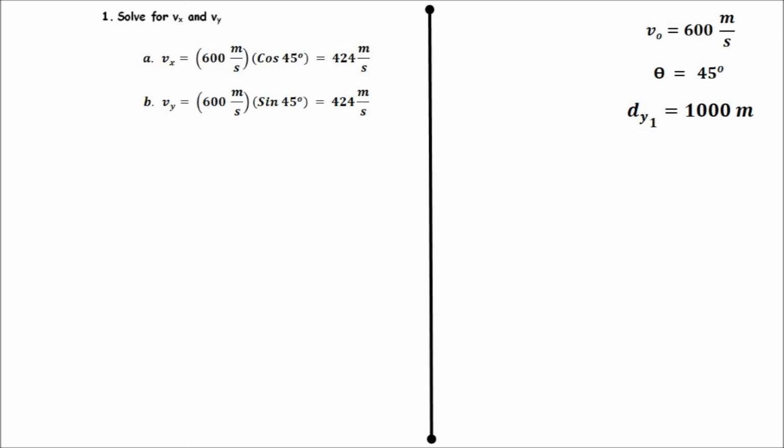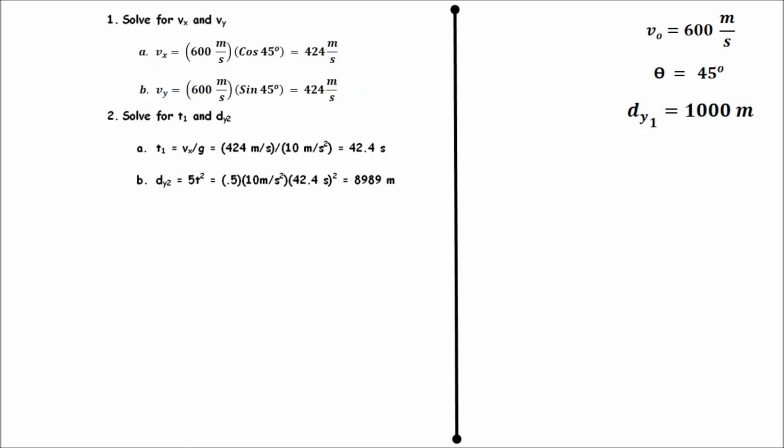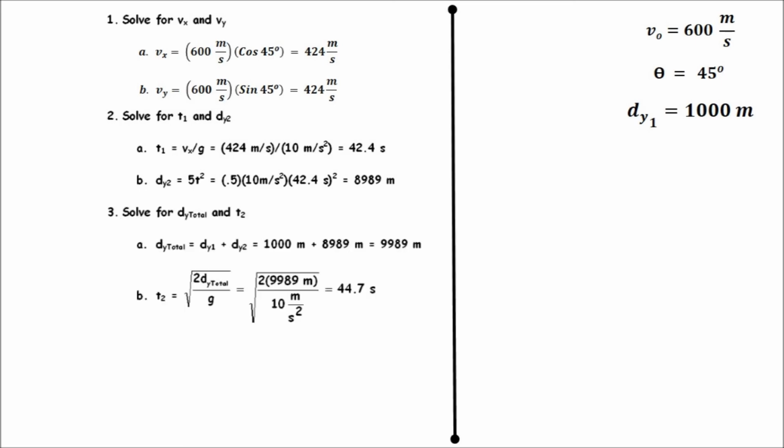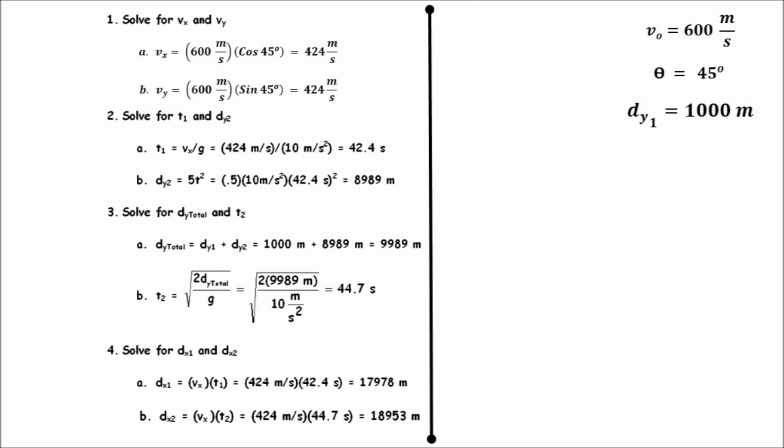Then from there, you want to determine the T1, which is going to be 42.4, dy2, plugging into the equation, 89 meters. Now you're going to add 1,000 to 89 meters, and then you're going to determine the time, and that'll be T2. It goes from dy max 1,089 down to the ground, 44.7 seconds.